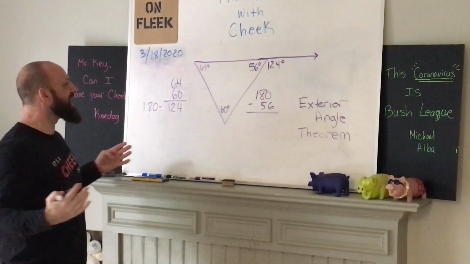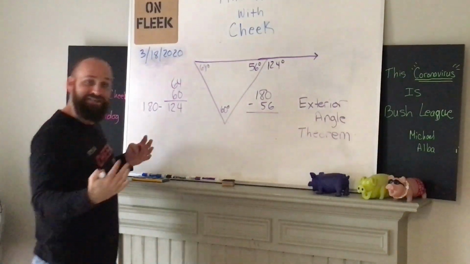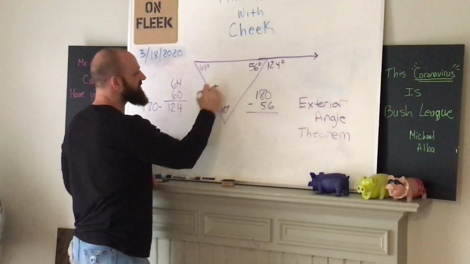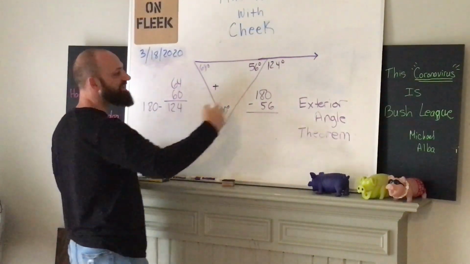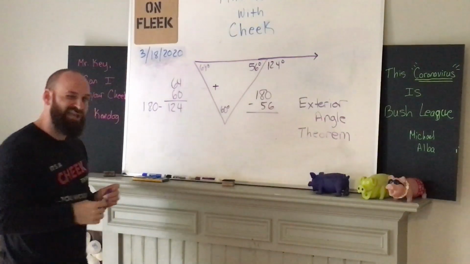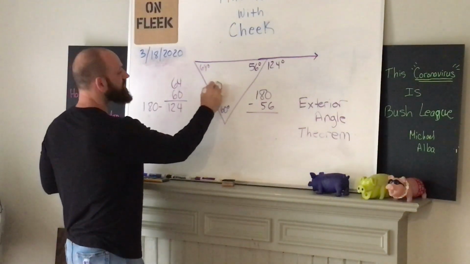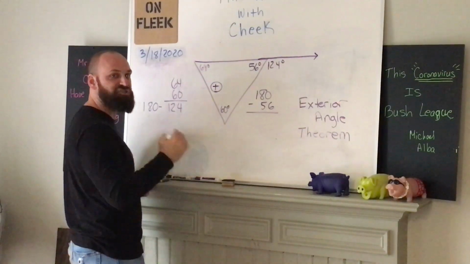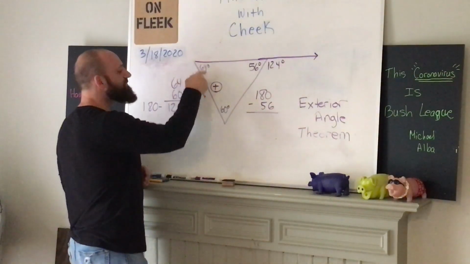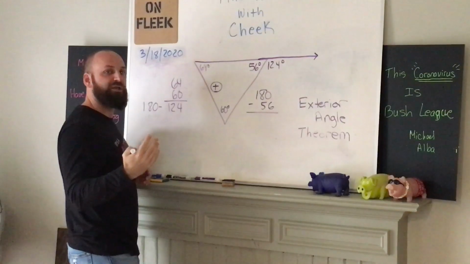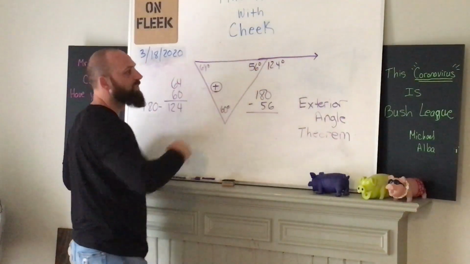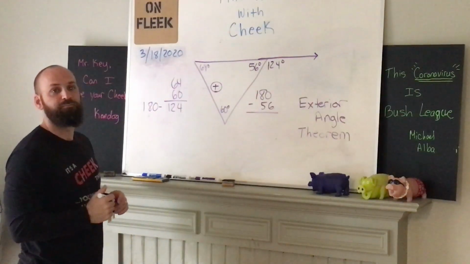What do you see that is equal to? Yes, these two interior angles. And that leads us to our exterior angle theorem. It says that the sum of the two remote interior angles will equal the exterior angle.